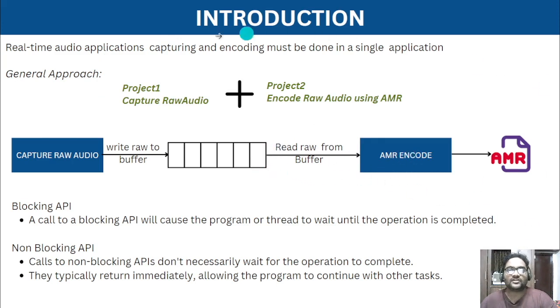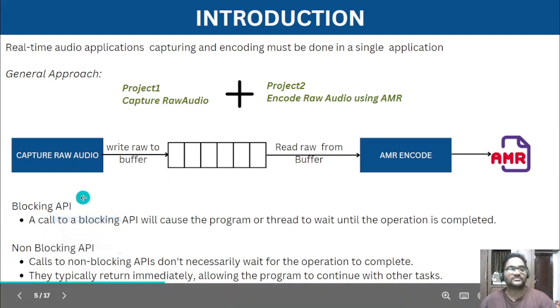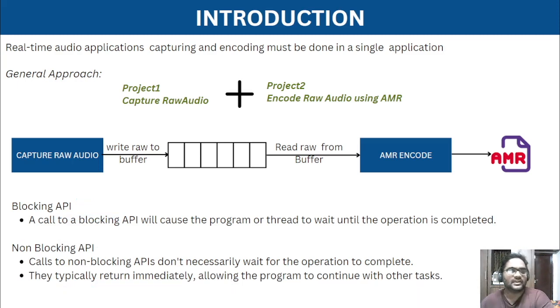Before moving on to the disadvantages or more details on this general approach, let's quickly recap two specific terminologies, blocking API and non-blocking API, from the software context point of view. A call to a blocking API will cause the program or thread to wait until the operation is completed.